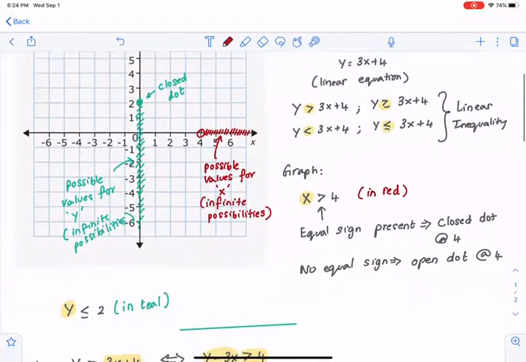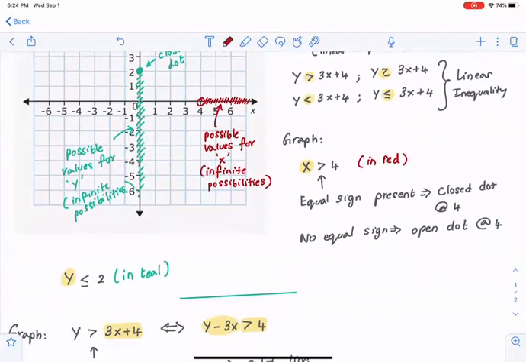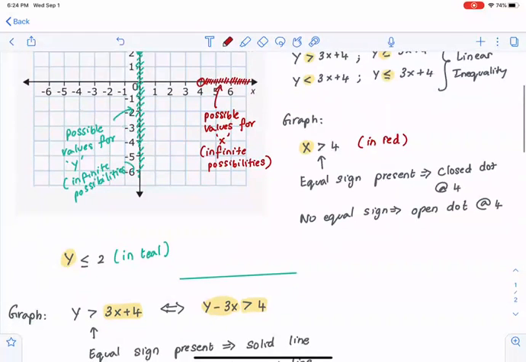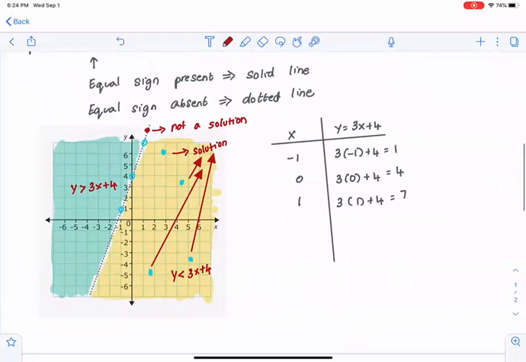So you do have to note, you may say, well, here with x greater than 4, we just drew it on an axis, but could it be something else? Well, it could be, and it could be an entire region.